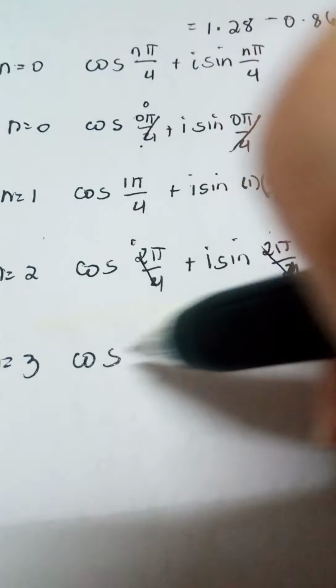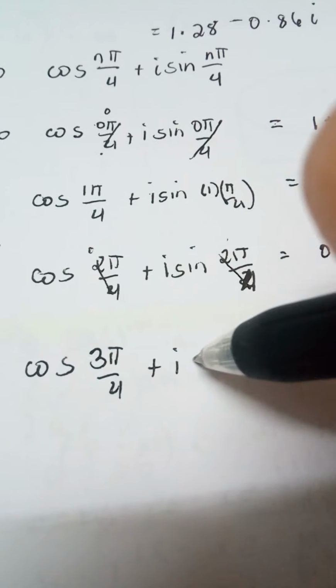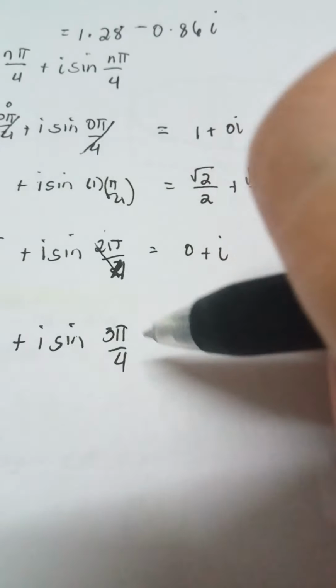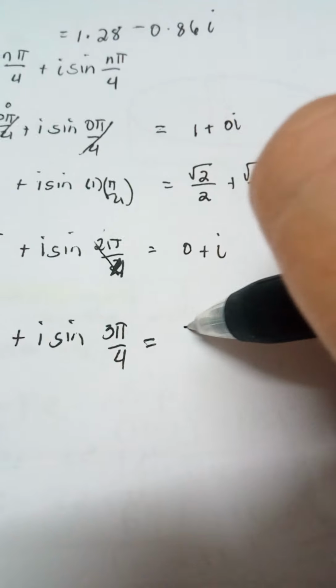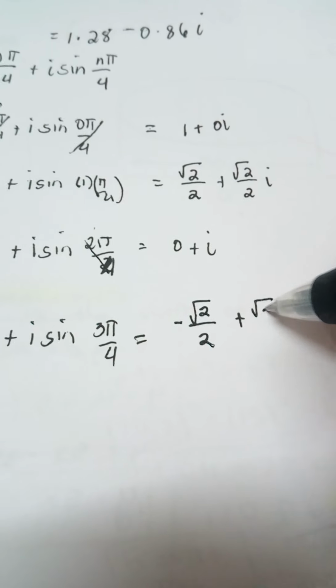Next, when n is equal to 3, cosine 3 pi over 4 plus i sine 3 pi over 4. So the answer here is negative the square root of 2 over 2 plus the square root of 2 over 2 i.